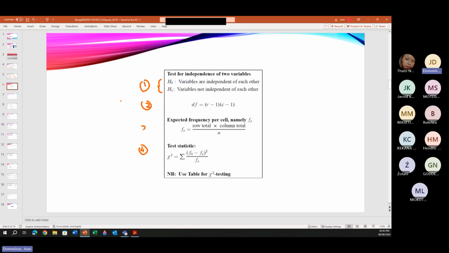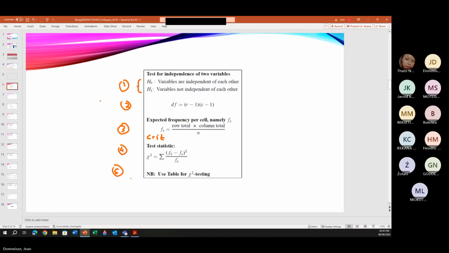The one thing that is missing here is the critical value. And then finally, we will make a decision. I like this because it's a nice summary of everything in study unit 10.